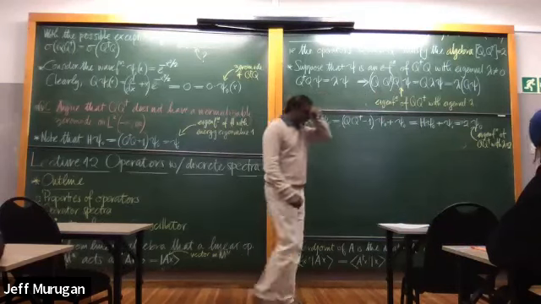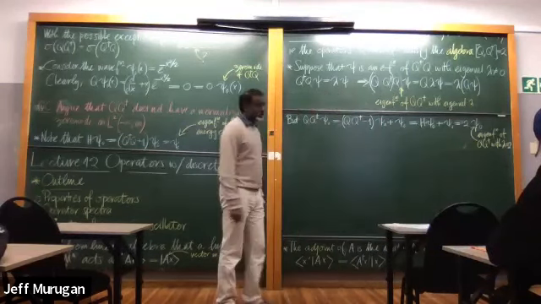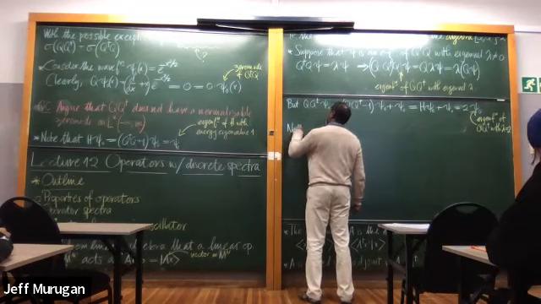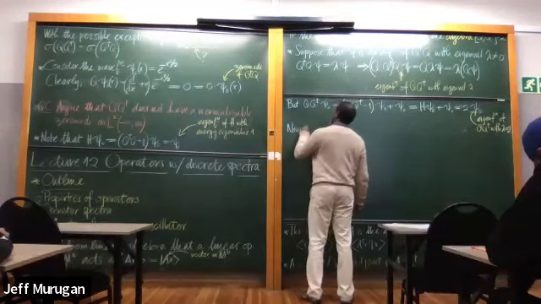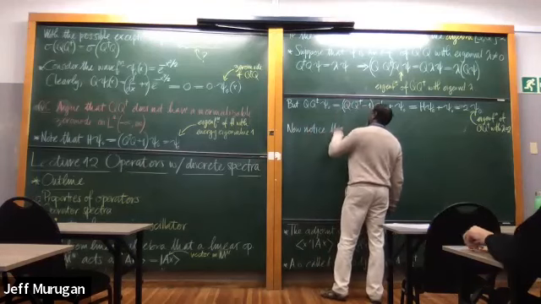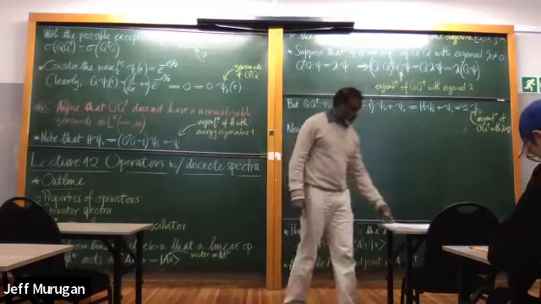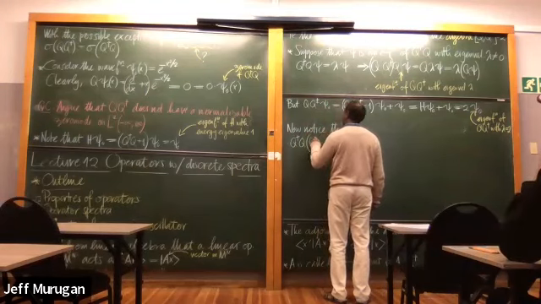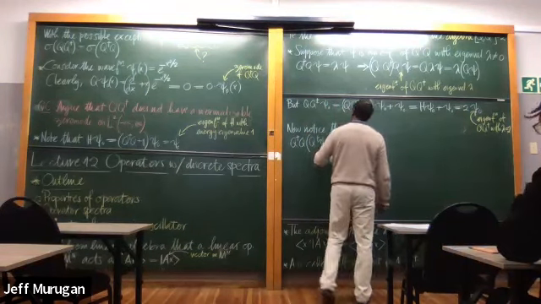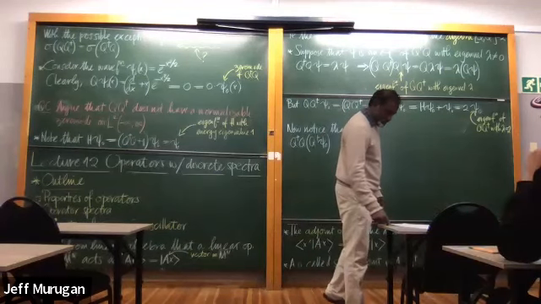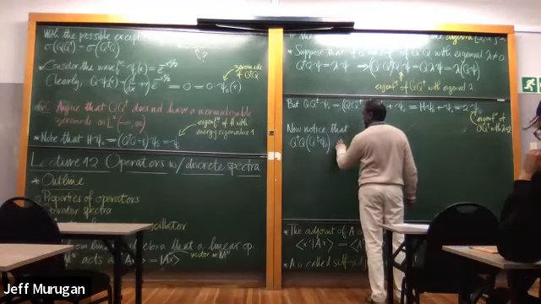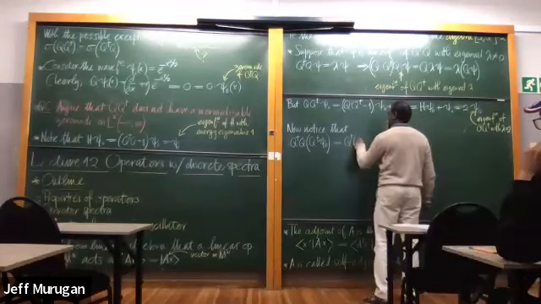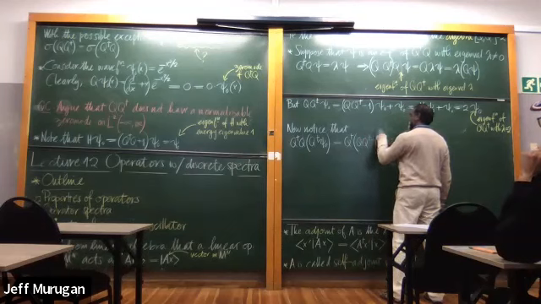Well, what that means is that Q dagger psi naught must be an eigenfunction of Q dagger Q. So if I act with Q dagger Q on Q dagger psi naught, that is the same as Q dagger acting on Q dagger psi naught.